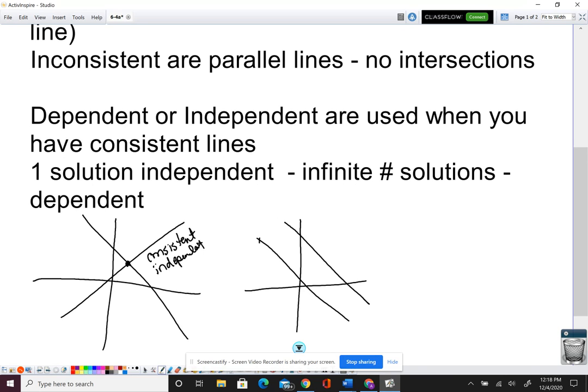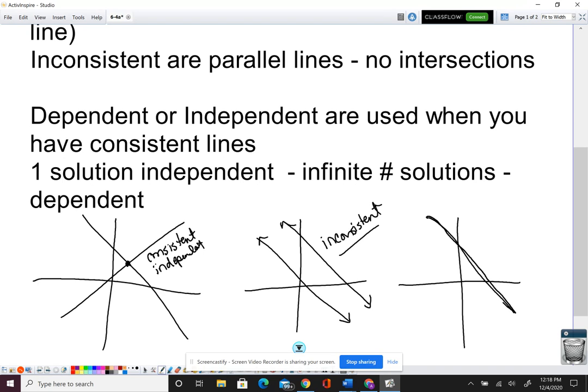These two lines don't intersect, so they are inconsistent. And we don't label them as anything else other than that. And then we have this system of equations where the lines lie right on top of each other, and those are consistent, dependent, and they have an infinite number of solutions.